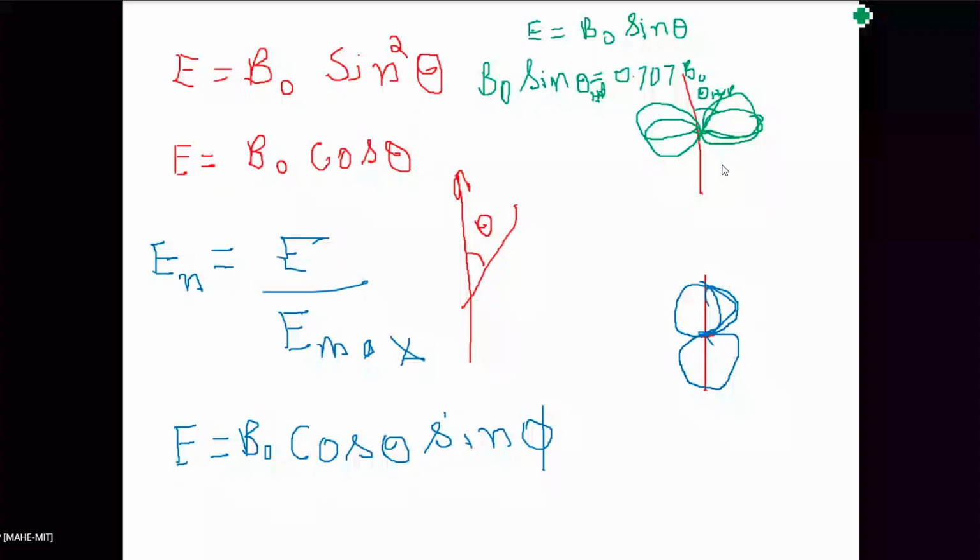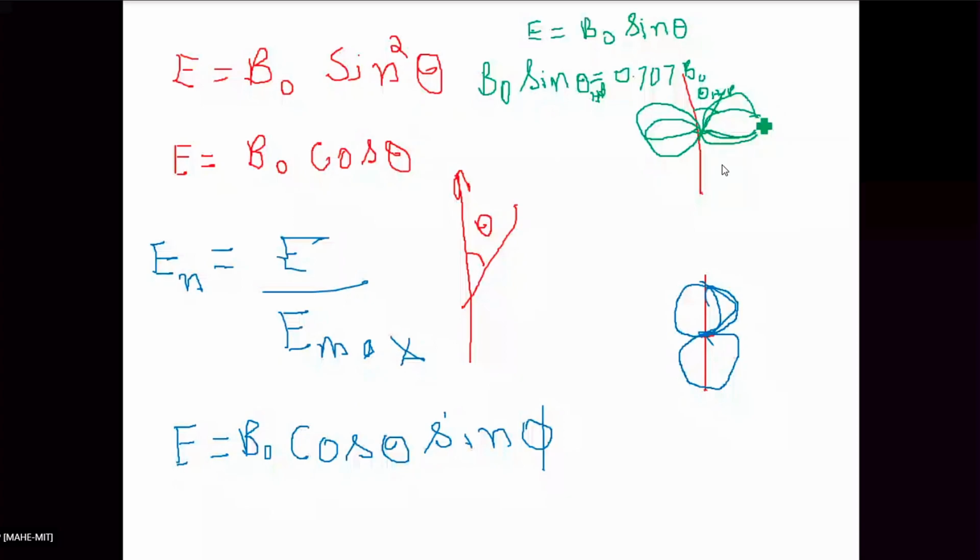Sir, can you re-explain one more time? Yeah, see, for example, E is given to be E naught sin theta, and we are expected to find the direction of the half power point, that means half the maximum power. Maximum is at 90 degrees. Half the power is where you get half the maximum value, and the maximum value is E naught.